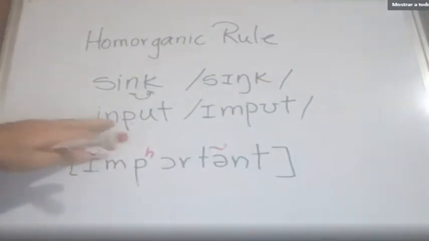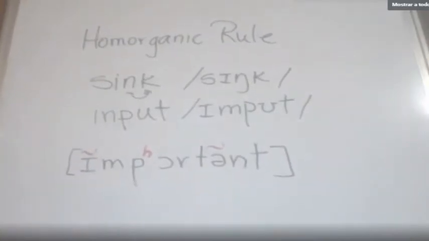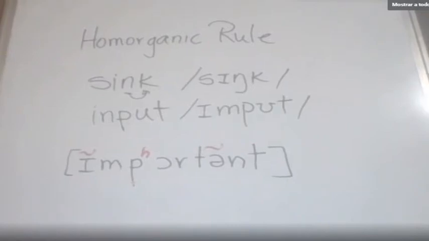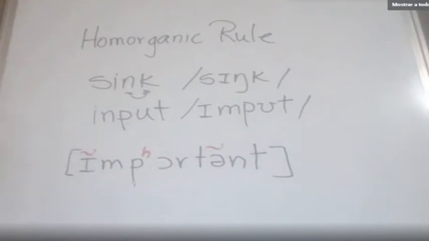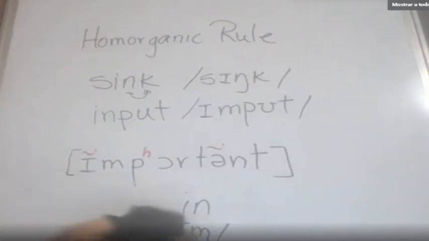Even though the spelling is with N, the pronunciation changes into M because of the next sound. If you say, for example, I live in Panama, and you say it fast, some people tend to change the in for im, because Panama starts with a bilabial sound.